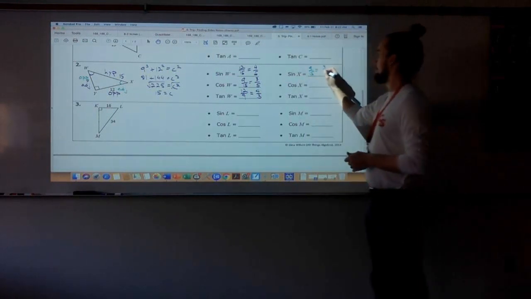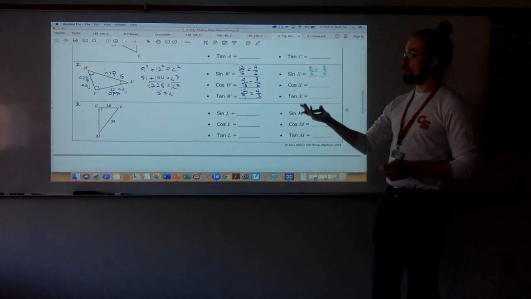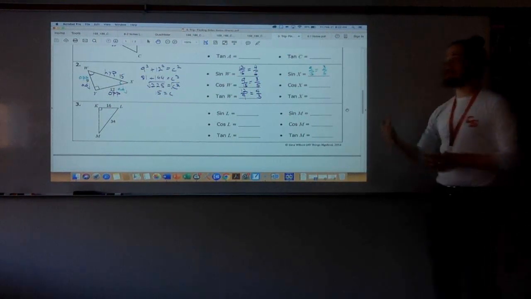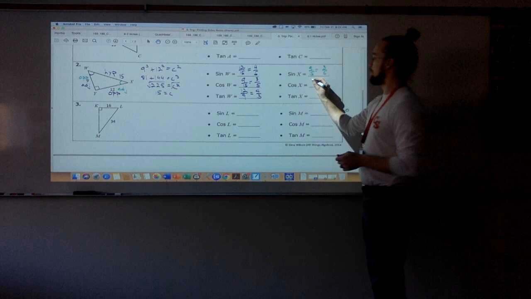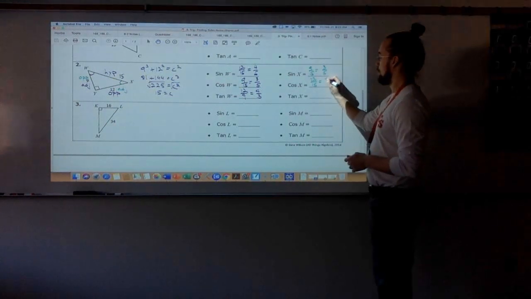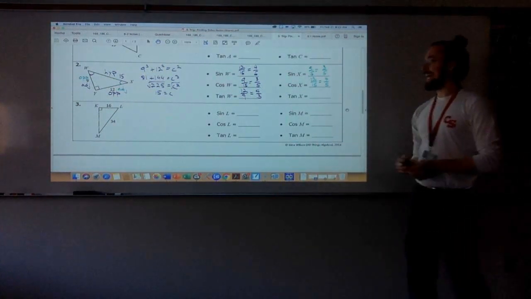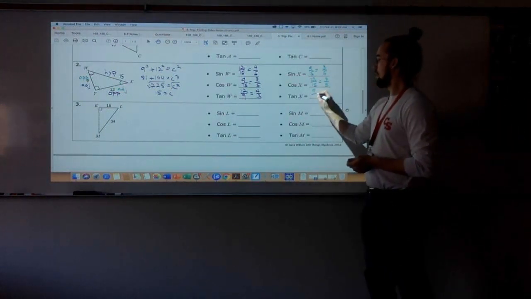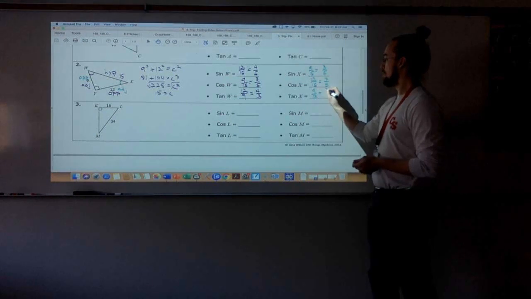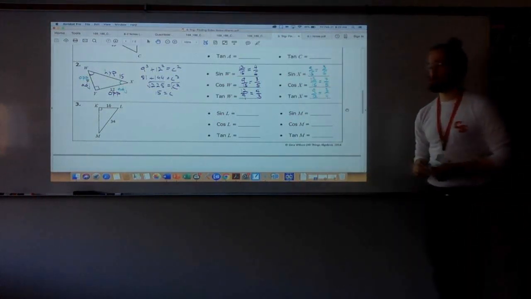That would reduce to 3/5. Cosine, adjacent side over the hypotenuse, is 12 over 15, which would reduce to 4 over 5. And tangent, opposite over adjacent, is 9 over 12, which would reduce to 3 over 4.